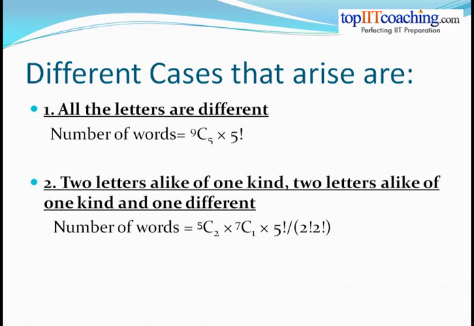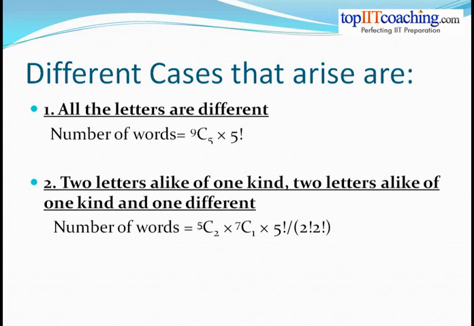How does this come? We select 2 such sets of alike characters from the 5 sets of similar letters. We select 2 such sets from that, and then we are left with 7 different letters. So we select 1 different letter from those 7 different letters in 7C1 ways.